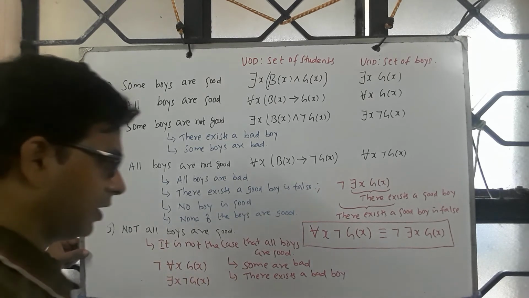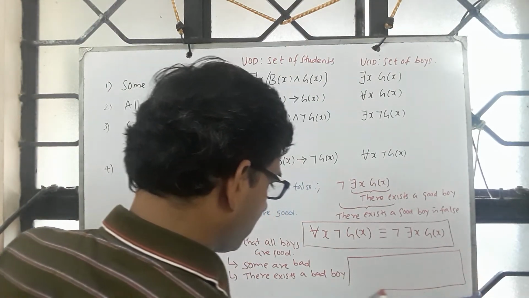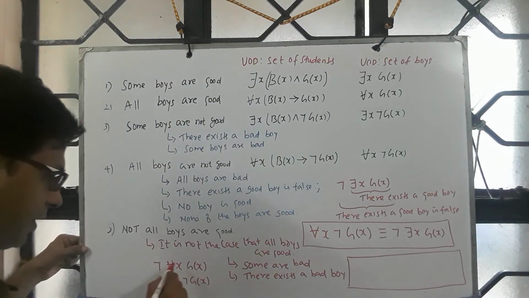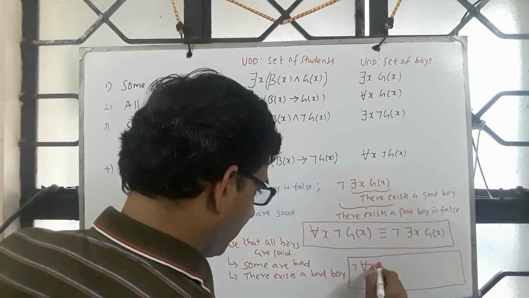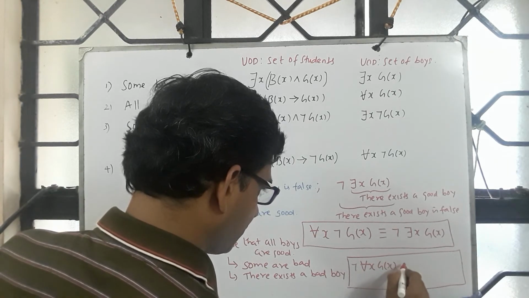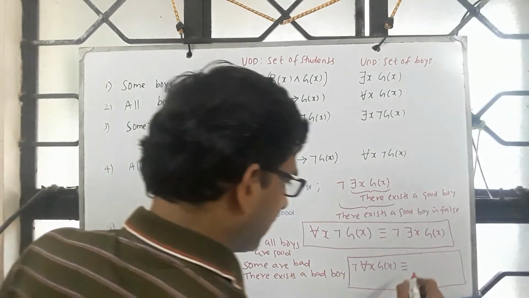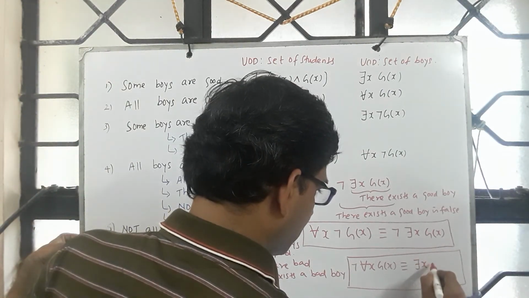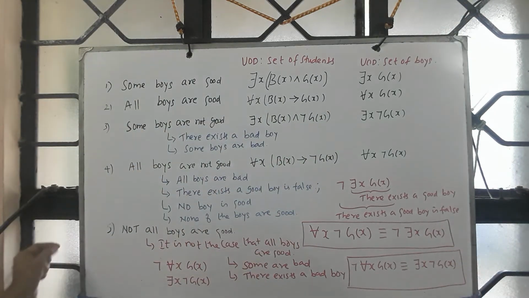Correct? And just like the way we have got this identity, you can relate these two. Not all elements of the discourse satisfy the predicate, meaning that there exists a bad sample. So not all boys are good, or it is not the case that all boys are good, which means there exists a bad boy.